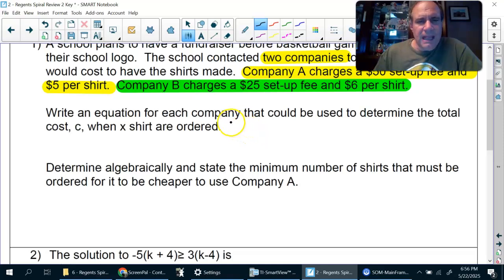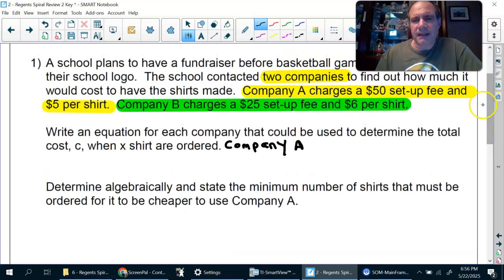So company A would cost $50 for the setup fee. That is the b, the y-intercept, and $5 per shirt.